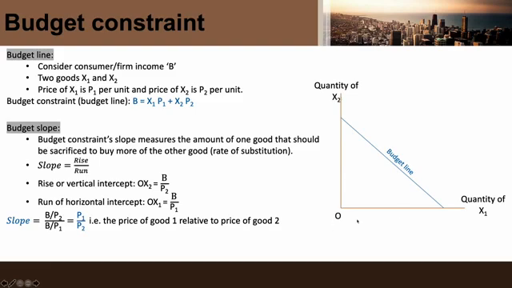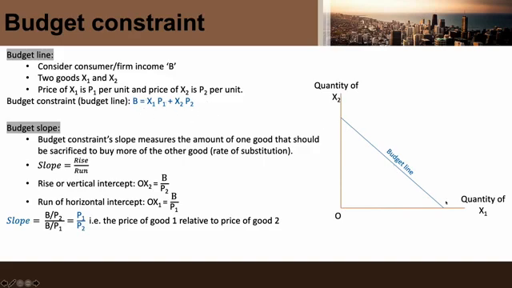If represented graphically, the budget line would look like this, where we are representing quantity of good X2 on the y-axis and quantity of good X1 on the x-axis. So this is the budget line, which is represented by this equation here.